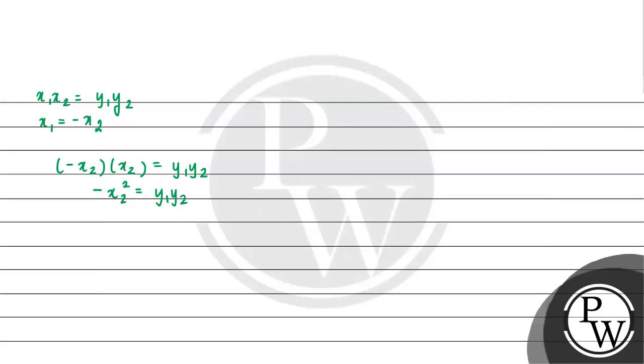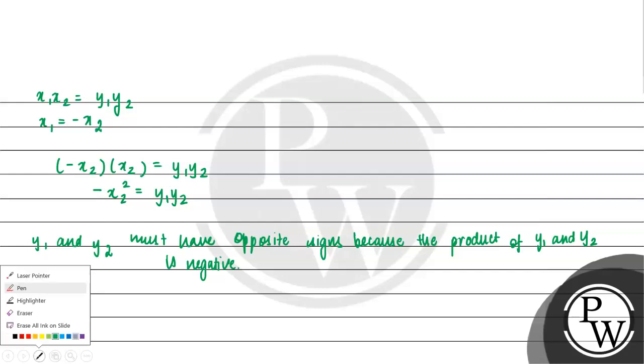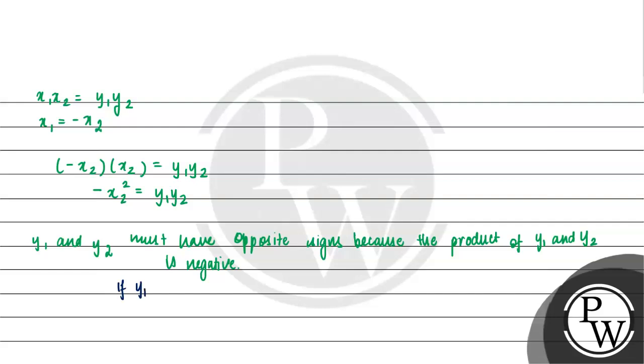Thus that implies that y1 and y2 must have opposite signs, because the product of y1 and y2 is negative. तो अगर हम बात करें जो ऑप्शंस हमारे को प्रोवाइडेड है उसमें से, तो हम कह सकते हैं that if y1 is less than 0, then y2 जो हमारा होगा वो greater than 0 होगा, और if y1 is greater than 0, then जो हमारा y2 होगा वो less than 0 होगा.